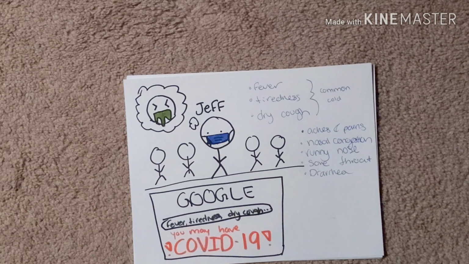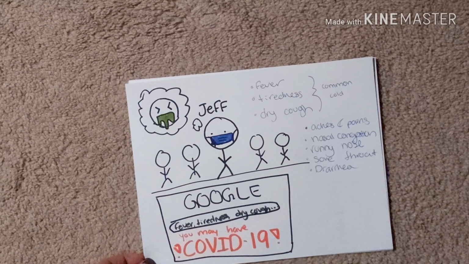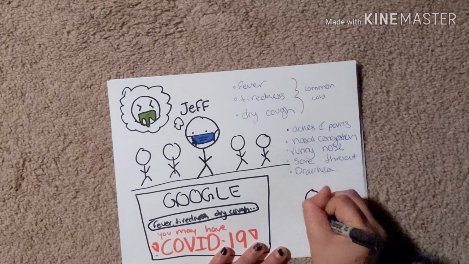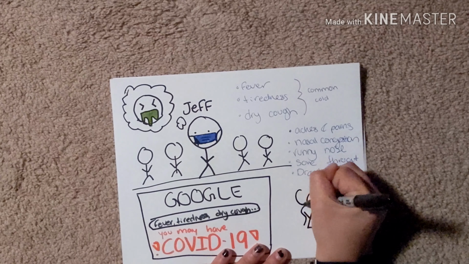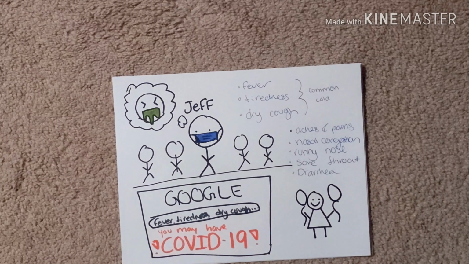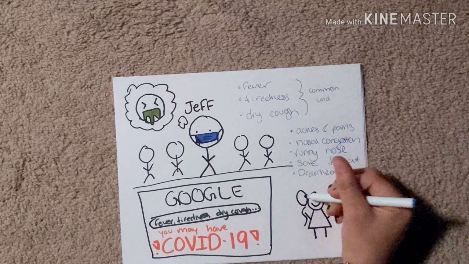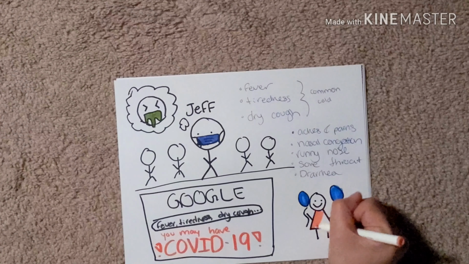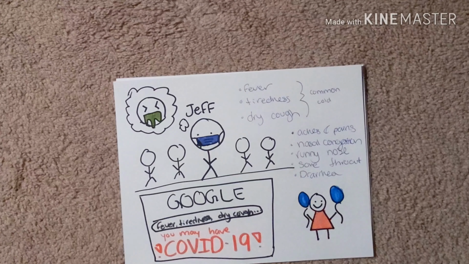Even though Jeff knows he shouldn't go to Melissa's birthday party, Melissa is his best friend, and he doesn't want to ruin her birthday. He goes anyway.